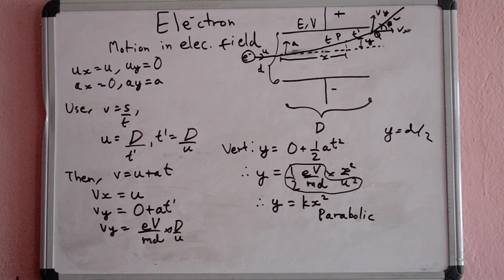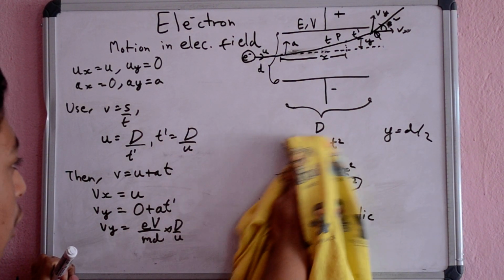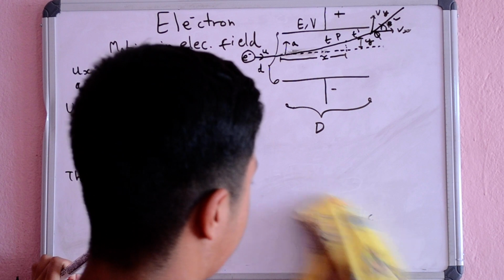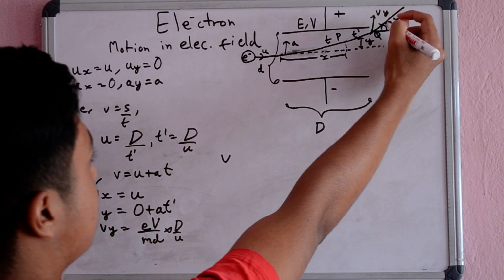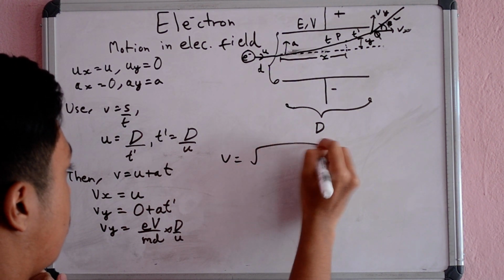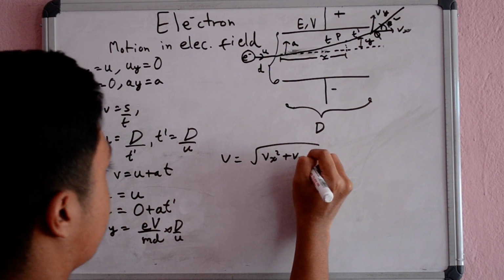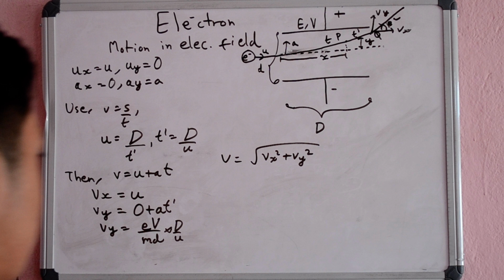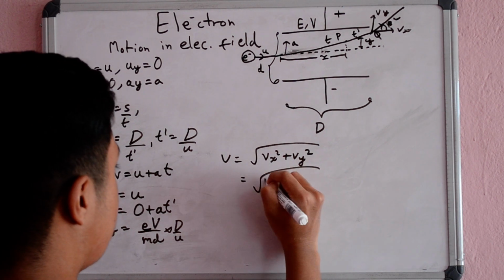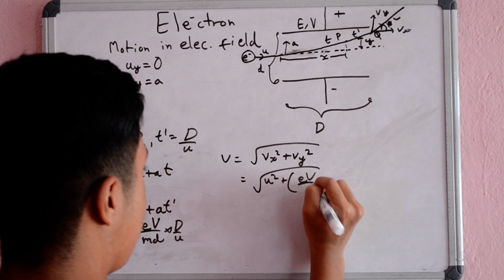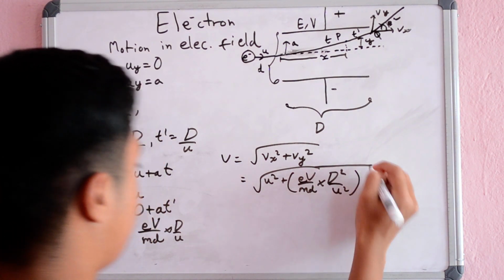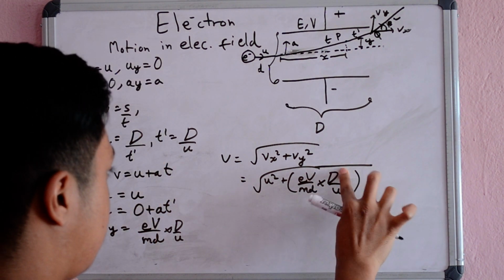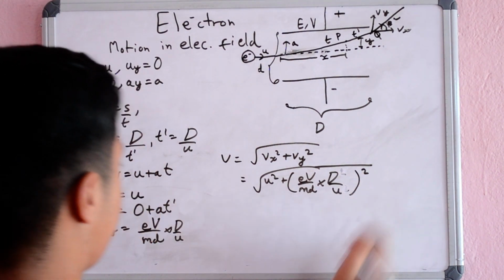Now if you remember the law of parallel vector addition in 11th grade, then here the velocity is equals to the root of the squares of the components, right? The vector resolution components, which is u square plus eV by md into d by u, whole thing square.